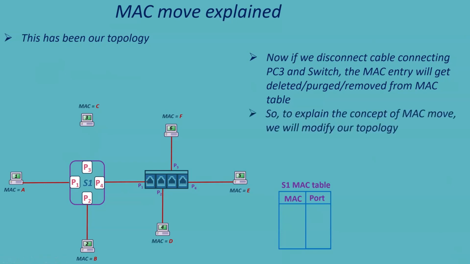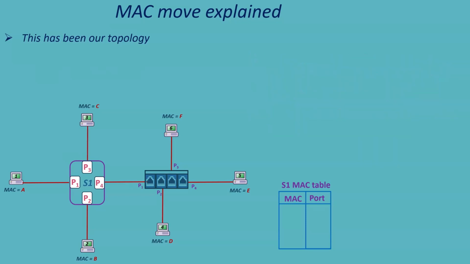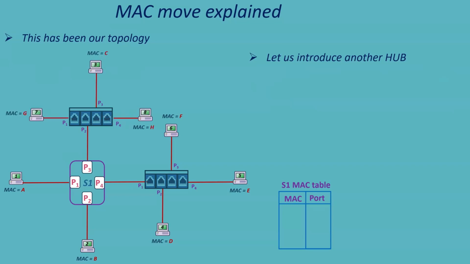Now, to explain the concept of MAC move, I'm going to modify the topology a little bit. This was our topology. What I'll do is introduce another hub here. I'll take out PC3, put another hub here, connect PC3 to it, and add two more PCs.